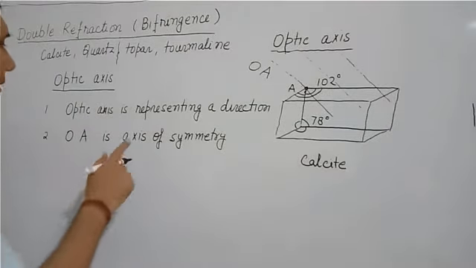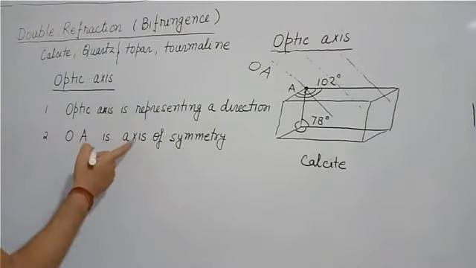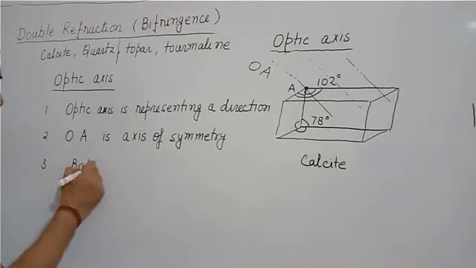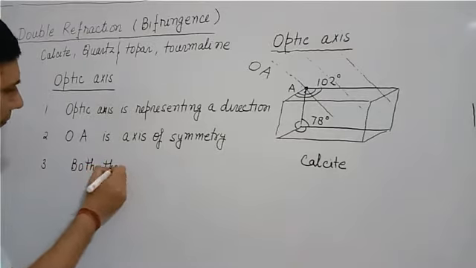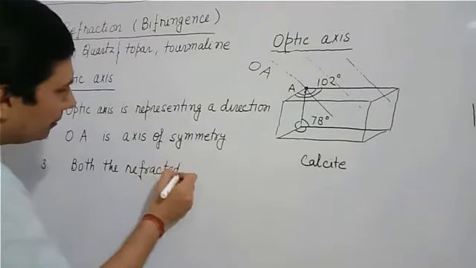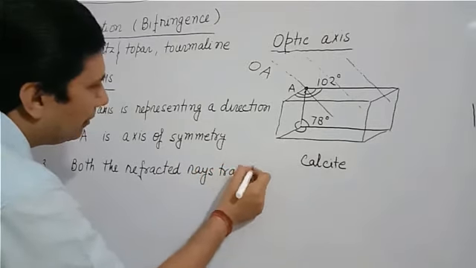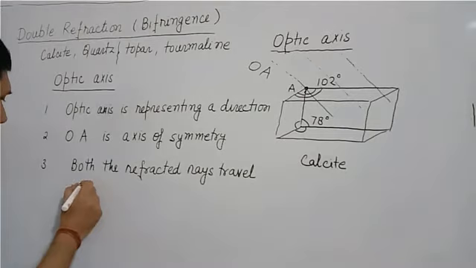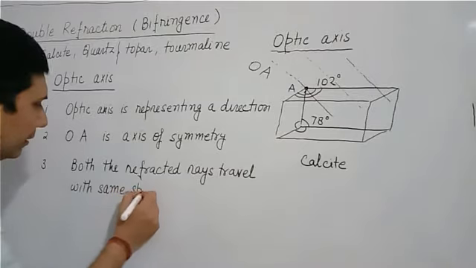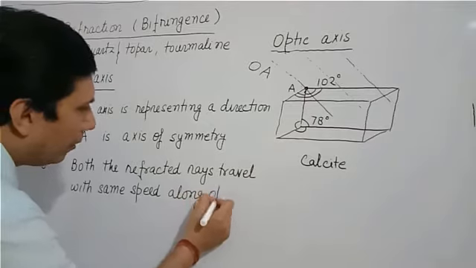So due to this property, this is known as axis of symmetry, and because this is axis of symmetry, both the refracted rays travel with same speed along optic axis.